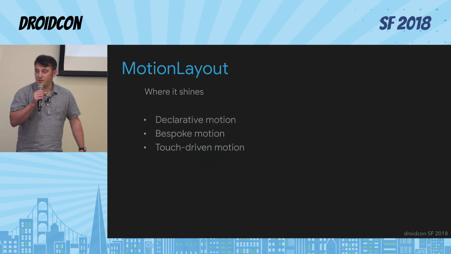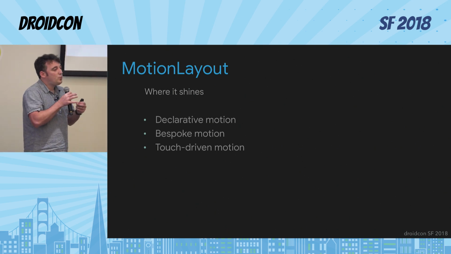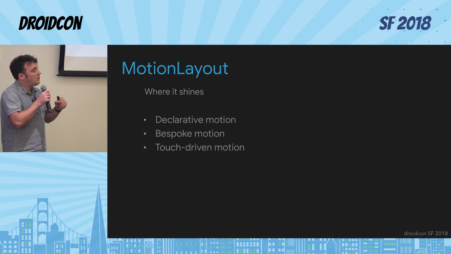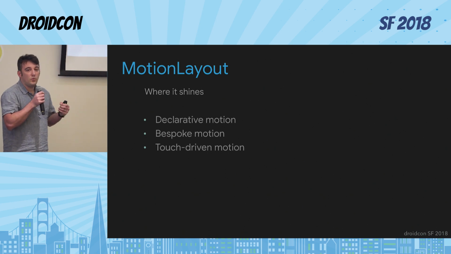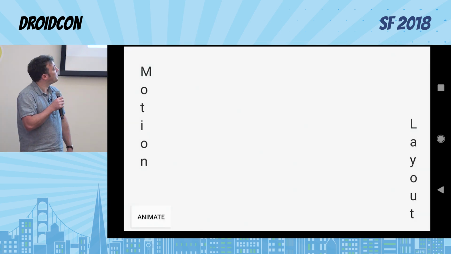So, to summarize, with MotionLayout, we have something that supports this declarative motion specification. It's really great at doing this kind of fine-tuned, handcrafted motion interaction. I call it bespoke motion. And specifically, we have really rich support for touch-driven animation and motion.